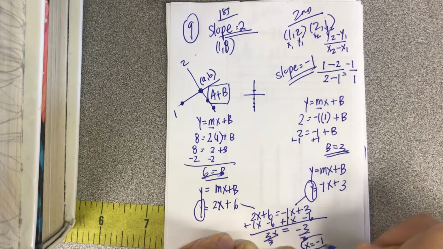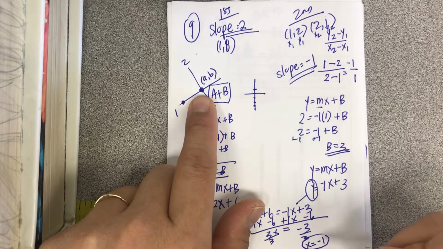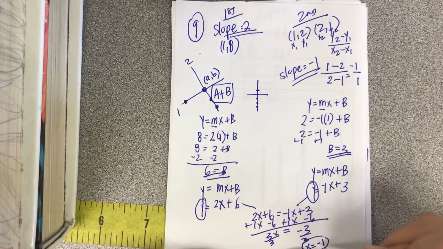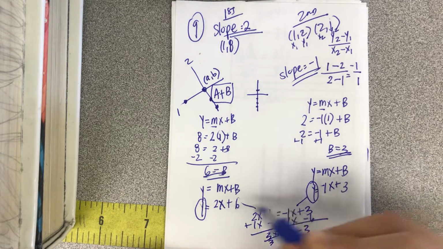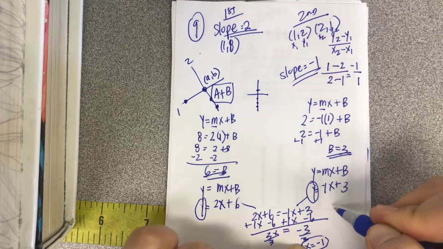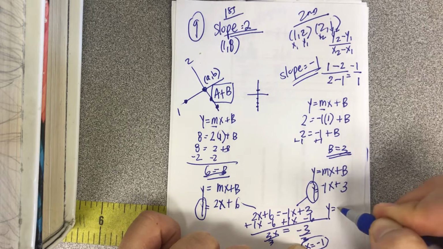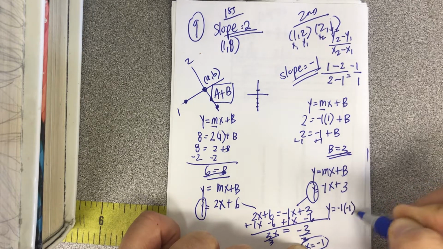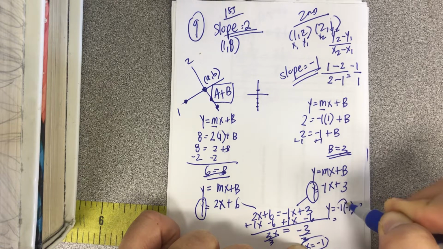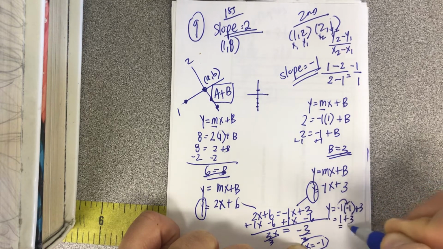That's one of the coordinates of our point, a, because a is like the x and b is like the y. If you want to find the y, take this number and plug it into either equation. It doesn't matter. When you do that, you get y equals negative 1 times negative 1 plus 3, which is 1 plus 3, which is 4.